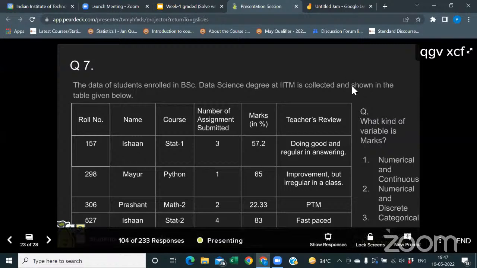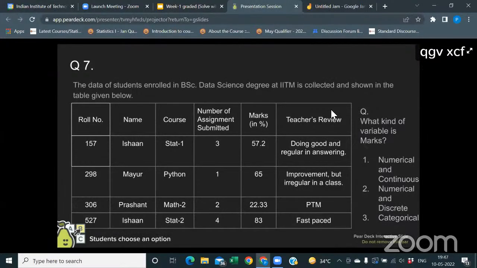Sir, for example, the price of an item is numerical and continuous or numerical and discrete? Like 10 rupees 50 paisa, 20 rupees 75 paisa. It depends, and it's discrete. Suppose the price of an item is 10.5 rupees. You can count.